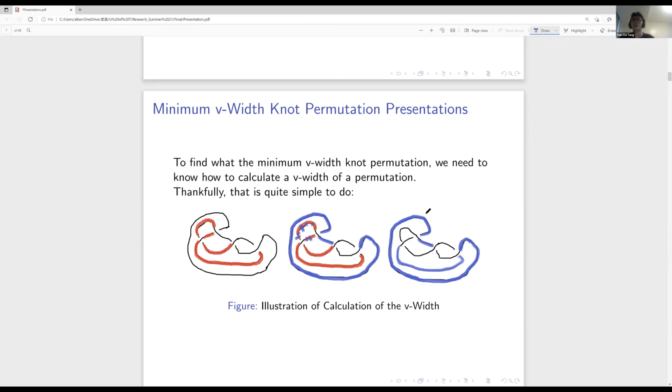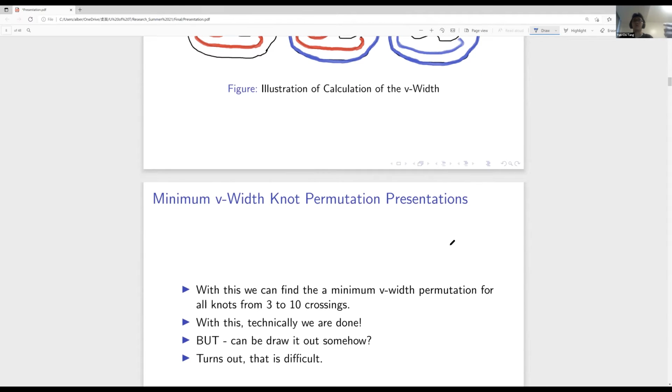Then at that point, what we obtain is the line segments that represent the virtual width after the second crossing. In this case, it is still going to be 4, and we can continue this process and figure out what the virtual width of a knot permutation is.